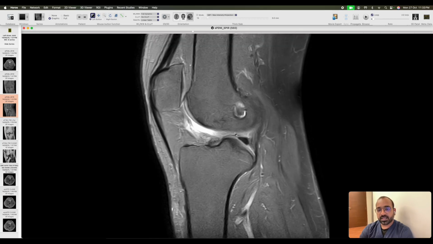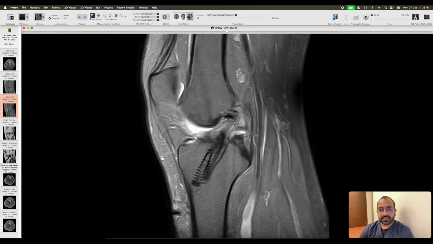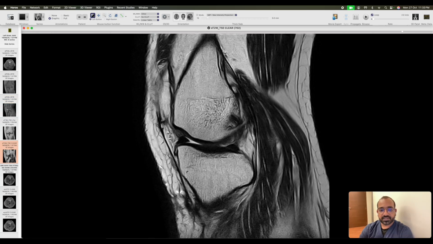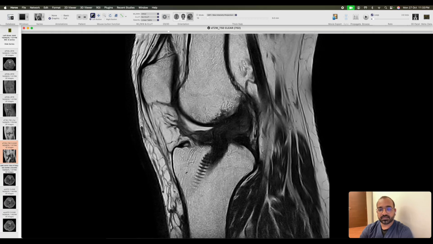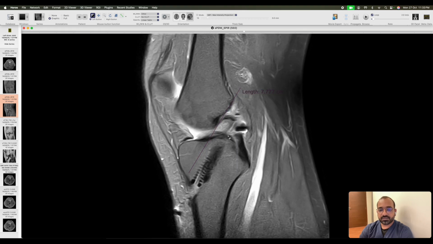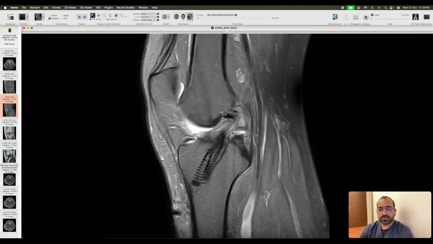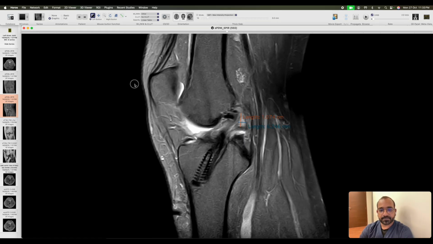If I'm going towards the femoral tunnel, posteriorly, you find this T2 PDFS hyperintense signal. So the graft is also showing degeneration, mucoid degeneration, and also we have a small cystic degeneration along the posterior fibers of the femoral half of the ACL graft.